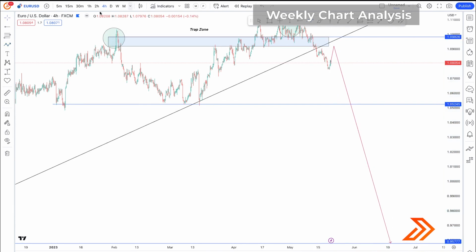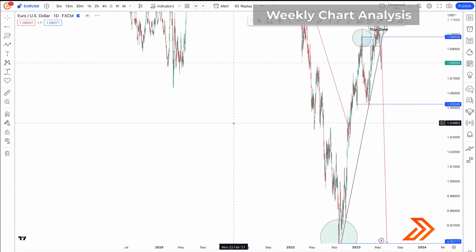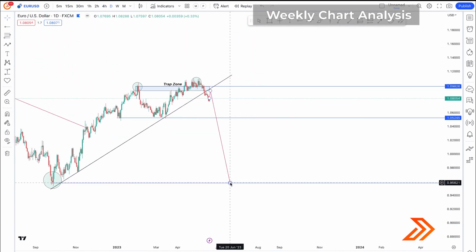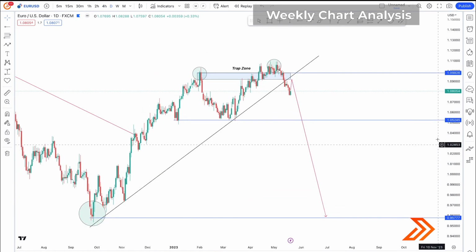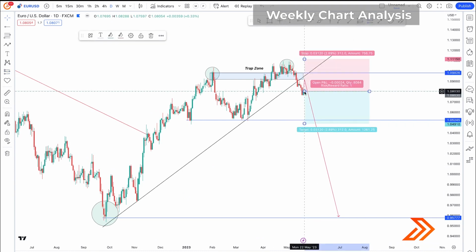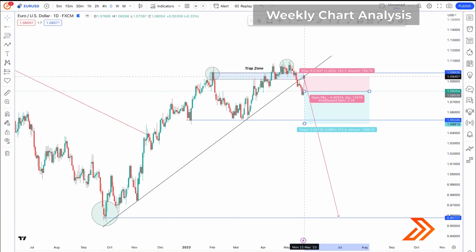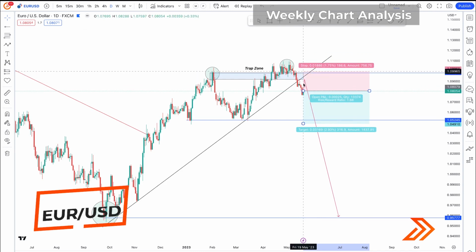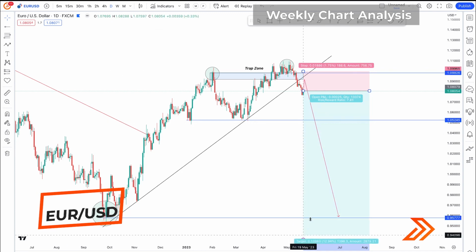Let's go to the daily so we can properly construct our entries and where to place our stops as well. On EUR/USD, I should be looking at placing my entry around this zone here. If you are an aggressive swing trader, you could place your entries around here and put your stop loss somewhere safe at this top here.